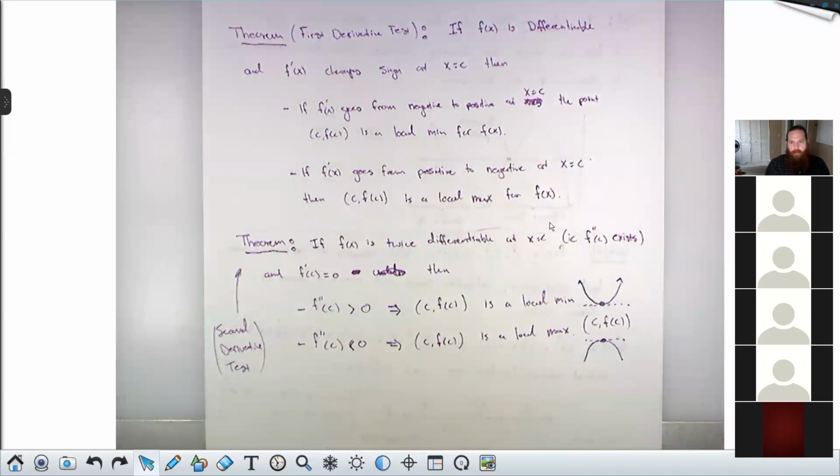So if f double prime of c exists and f prime of c equals 0, this means horizontal tangent line. So if f prime of c is 0 and f double prime is positive, then you have a horizontal tangent line and you're concave up. That means you got to be a local min. If you have a horizontal tangent line and you are concave down, that means you got to be at a local max.